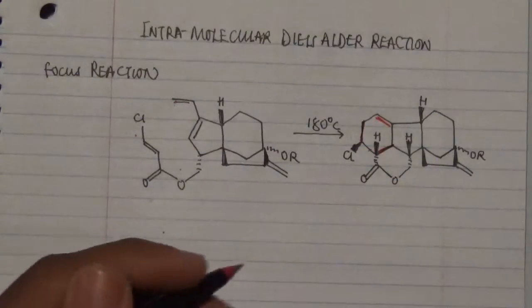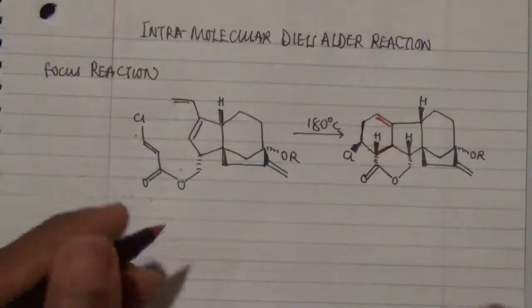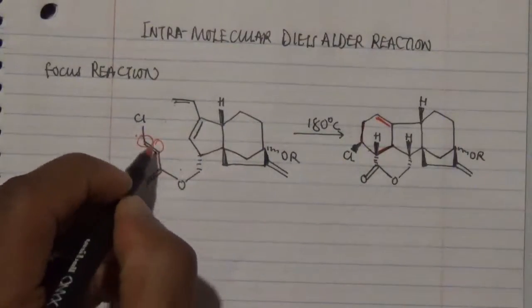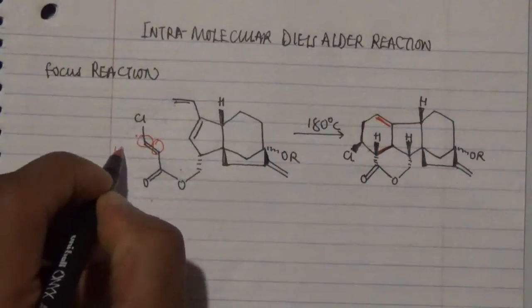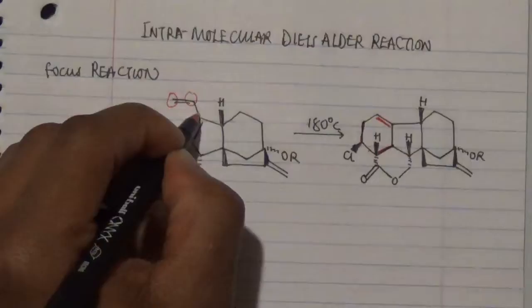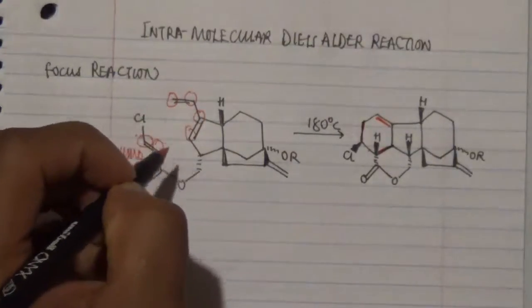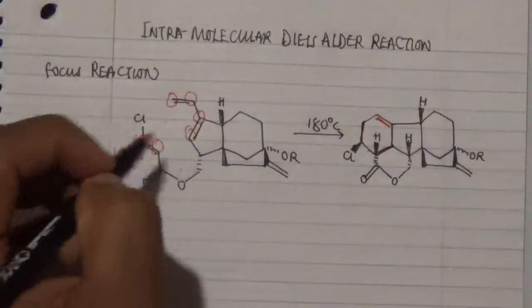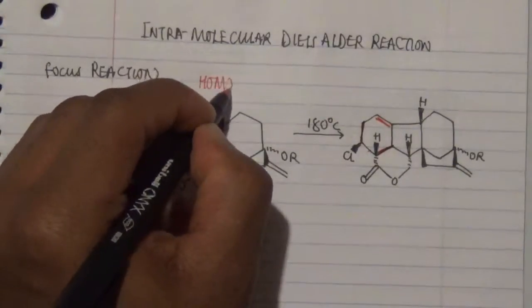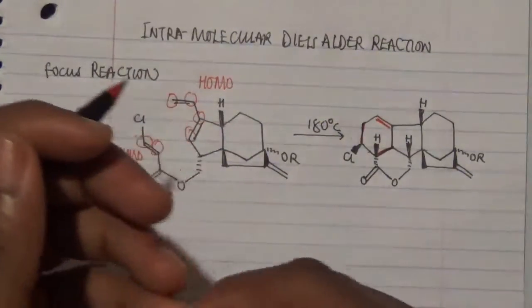One thing you need to know about the regioselectivity is due to the number of lobes present over here. We have 2 lobes. This is going to be the LUMO at some point, and this other side is the HOMO, and the HOMO and the LUMO are going to interact because the HOMO has electrons in its second state.